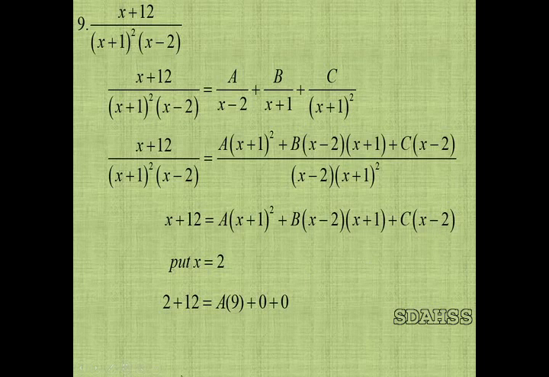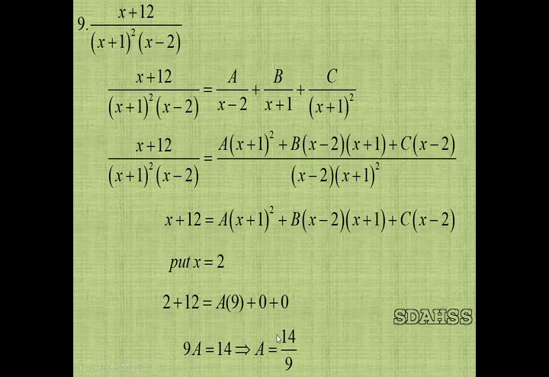Remaining, 2 plus 12 is 14, so 14 is equal to 9a, so a is equal to 14 by 9. Now we got the a value, a is equal to 14 by 9.